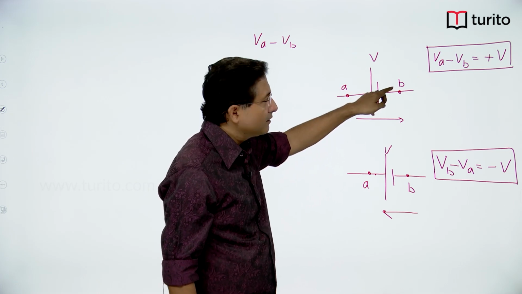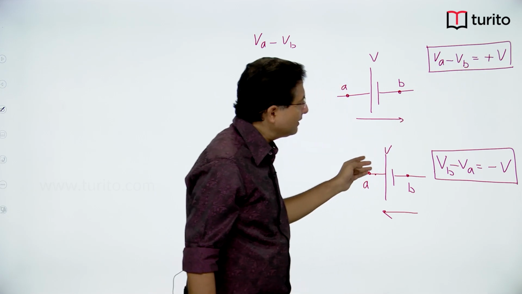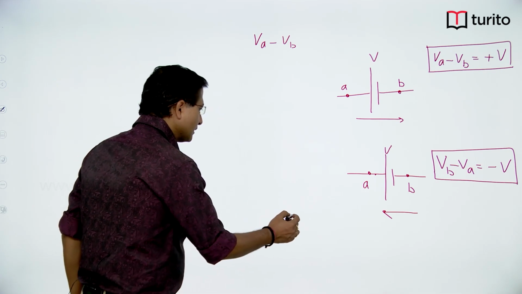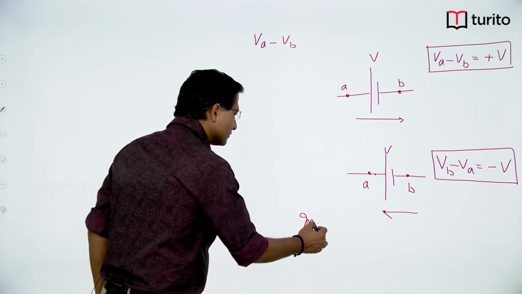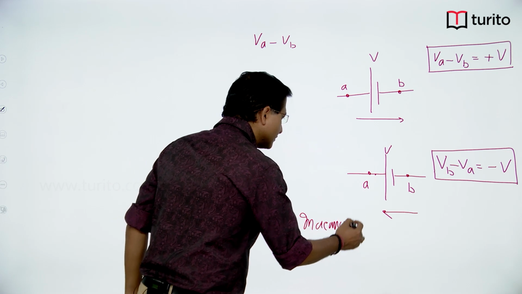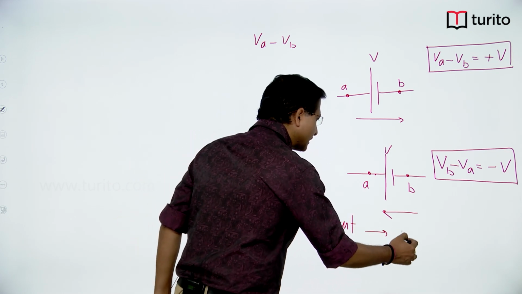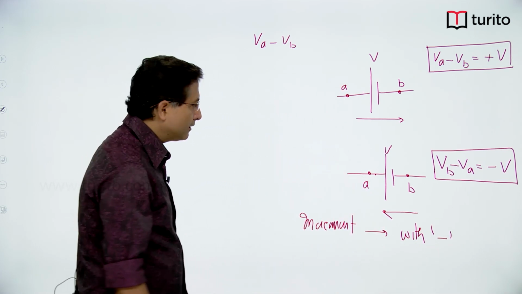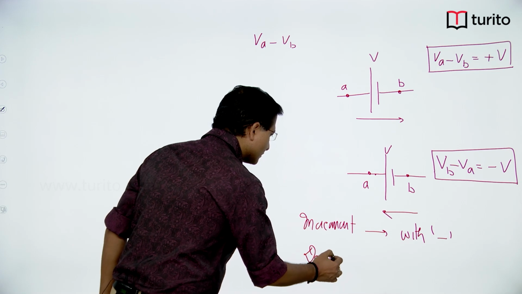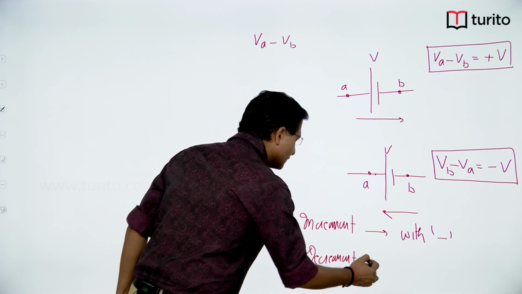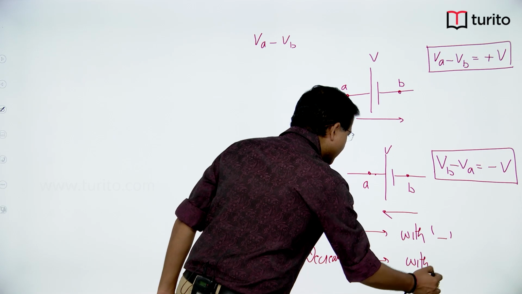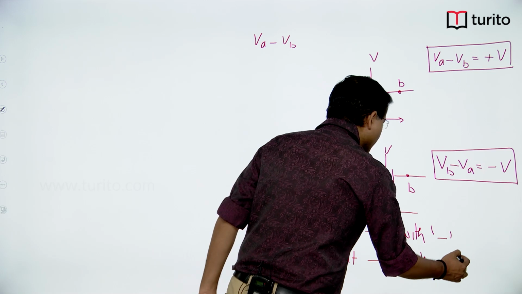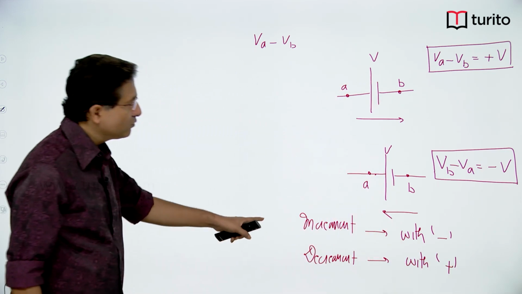So, decrement is taken with positive sign and increment is taken with negative sign, right. This you have to keep in mind.